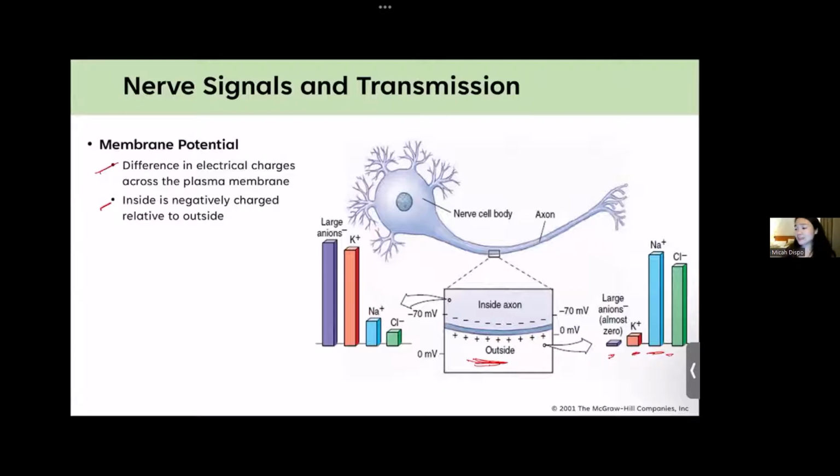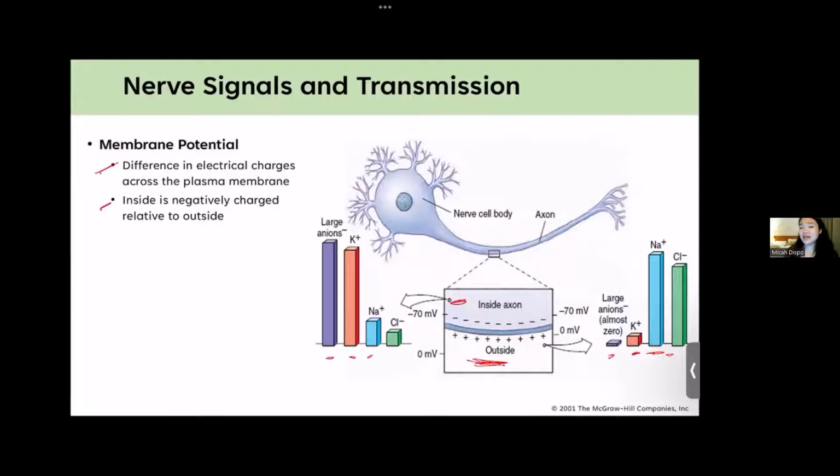Now, this is what happens on the outside, but on the inside of the neuron, this is actually reversed. Inside the neuron, we have a high concentration of potassium ions and large impermeable anions, but a lower concentration of sodium ions and chloride ions.